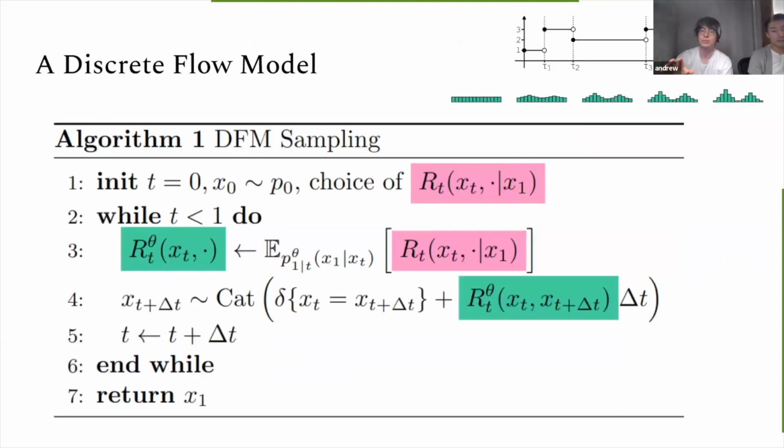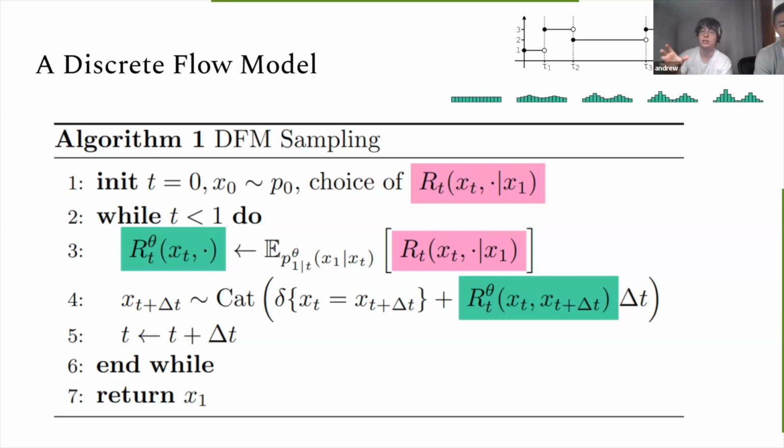Yep, so once we have those two ingredients, this is how we would actually sample from the model. You would just start at time 0 with a sample from the initial noise distribution, and then you would iterate these integration steps, where for a time t, you would have current state xt, you would calculate your unconditional rate matrix, and then you would take one step forward in delta t.